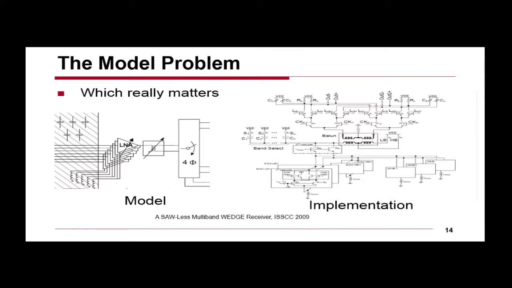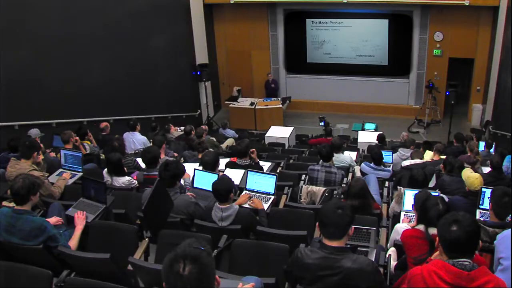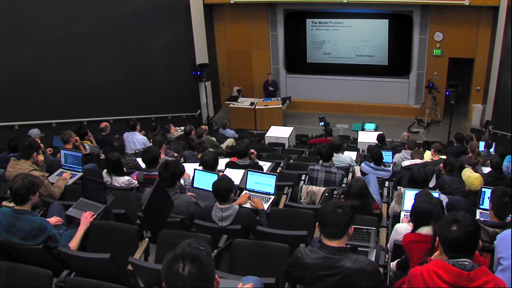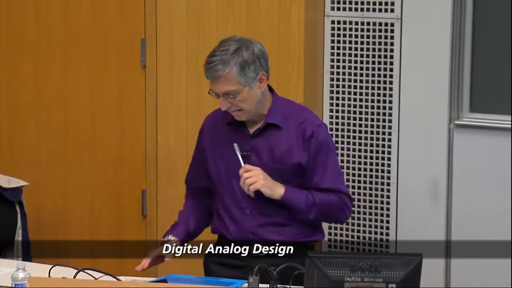Any analog designer will look at you like you have two heads and say, you idiot. We build the implementation. That is what matters, right? The model, that's just the model. It's to help us think about it. But it's not the truth. The truth is the implementation.